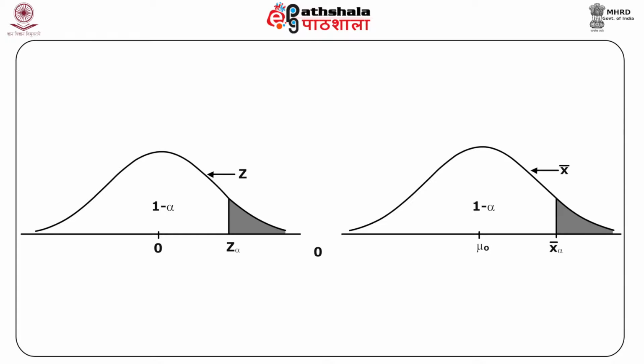The decision rule says that if the calculated value of the test statistic ZC is greater than or equal to z alpha, then reject the null hypothesis H0. If ZC is less than z alpha, then do not reject the null hypothesis H0. The rejection region therefore is of z, where ZC is greater than or equal to z alpha.